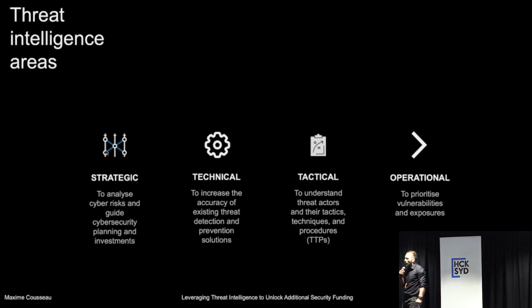You can also use threat intelligence for understanding threat actors' TTPs, as well as to help prioritize vulnerabilities or risks. So different use cases, and today I'll talk more about the tactical and strategic area of threat intelligence.